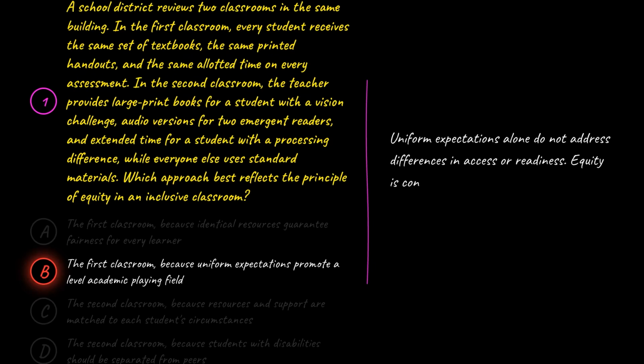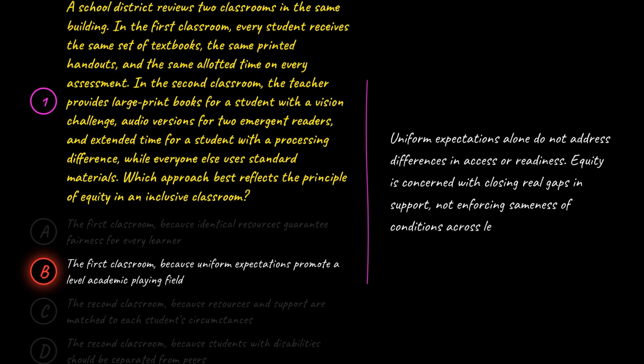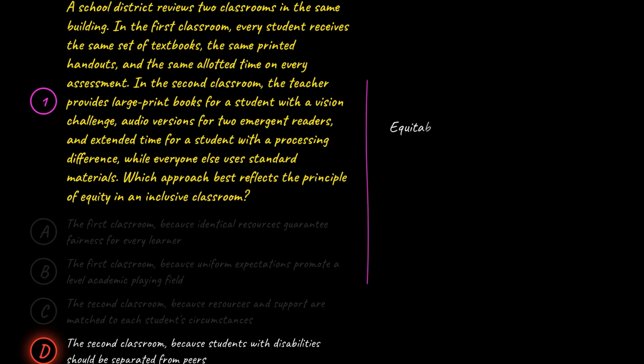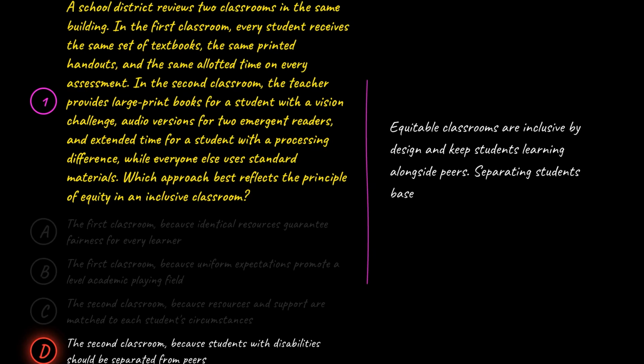Equity is concerned with closing real gaps in support, not enforcing sameness of conditions across learners. D is wrong because equitable classrooms are inclusive by design and keep students learning alongside peers. Separating students based on disability conflicts with both equity and inclusion principles in the course material.